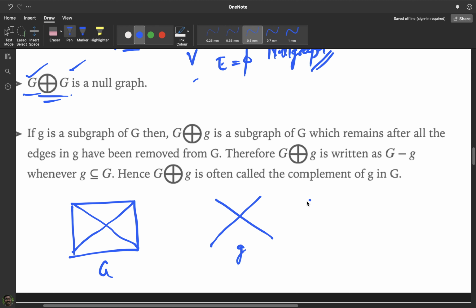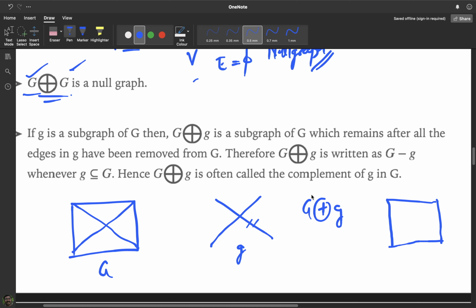So what happens if you take G ring sum g? The vertex set would be the same here. Okay, but we have to draw those edges which are not there in G and g together, capital G and small g together. So basically, this edge should be there, because this edge is lying only in capital G. This edge should be there, this edge should be there, this edge should be there, but these edges will not be there, because they are lying in both G and g.